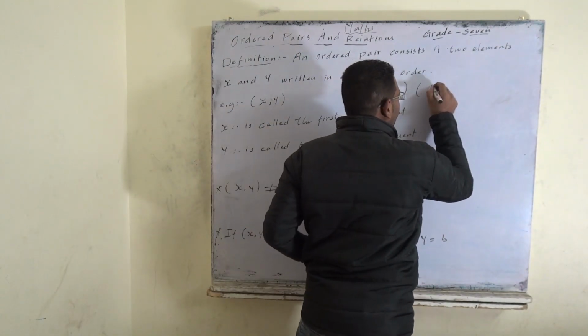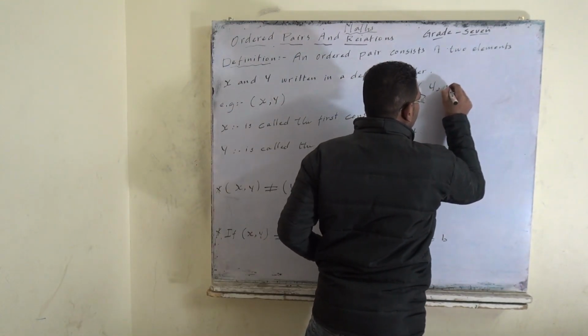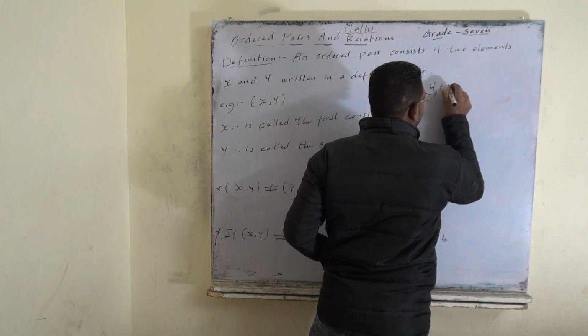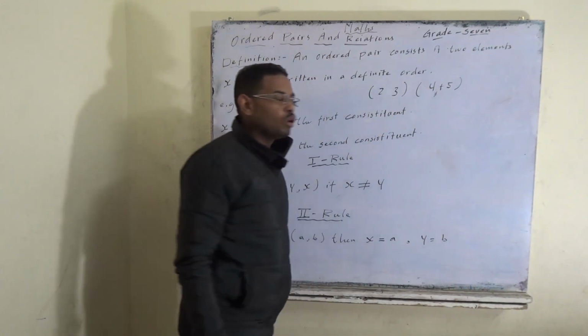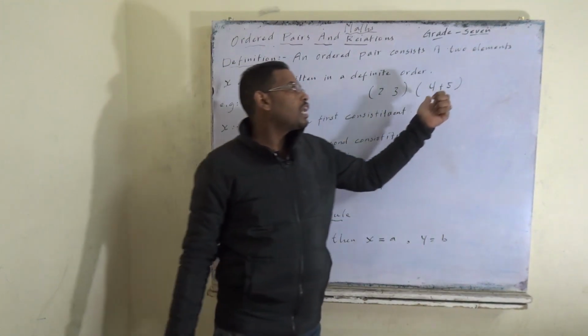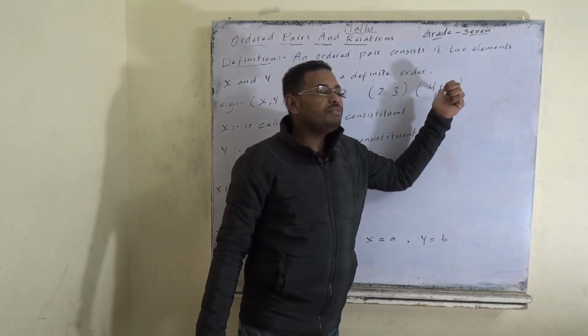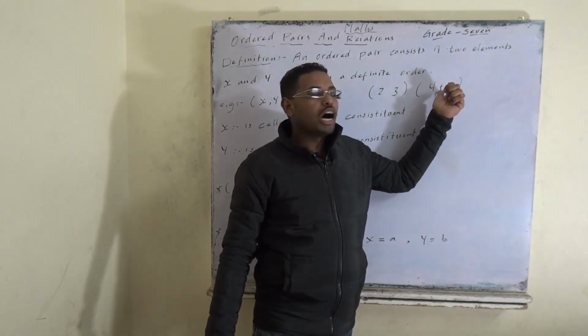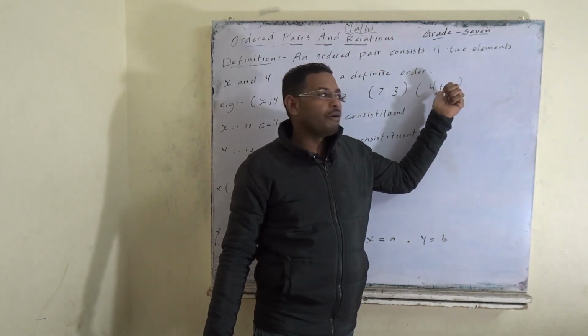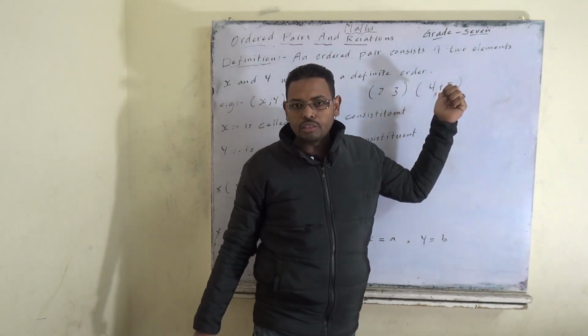What if it was, for example, 4 plus 5? Are they an ordered pair? They are inside a bracket, but even here, they are not separated with a comma. They are separated with a sign of addition.